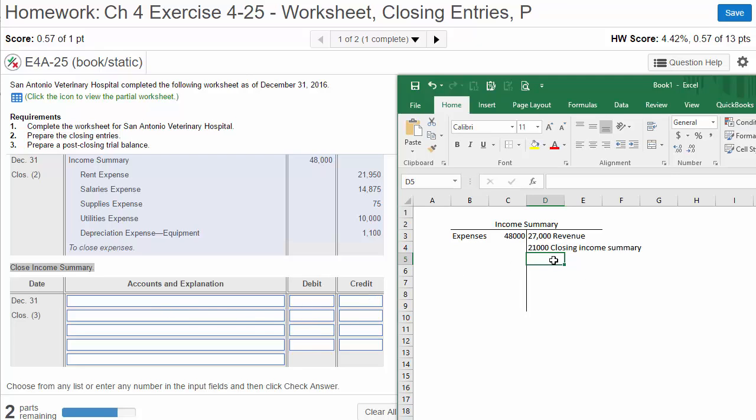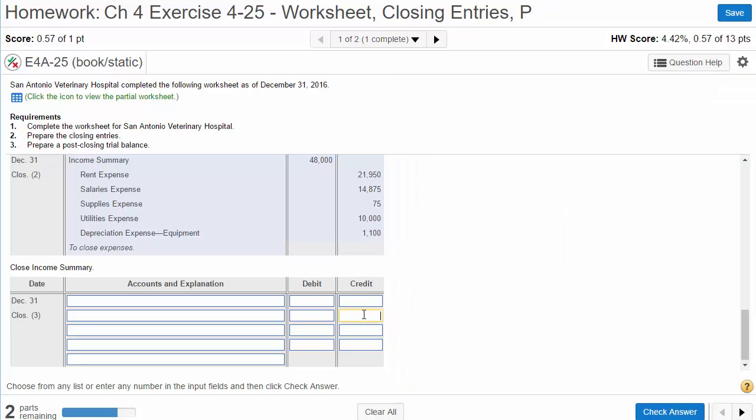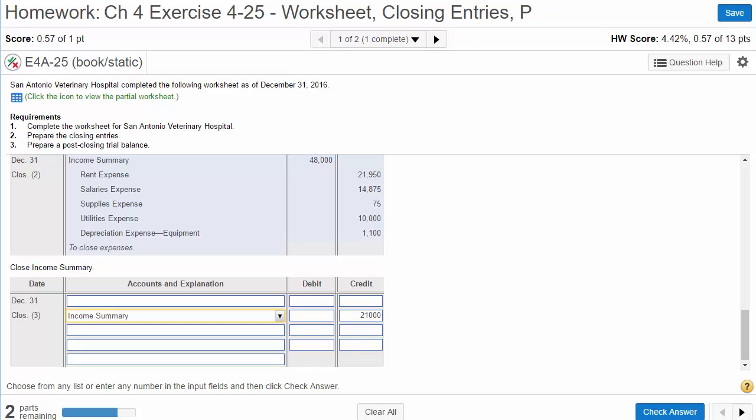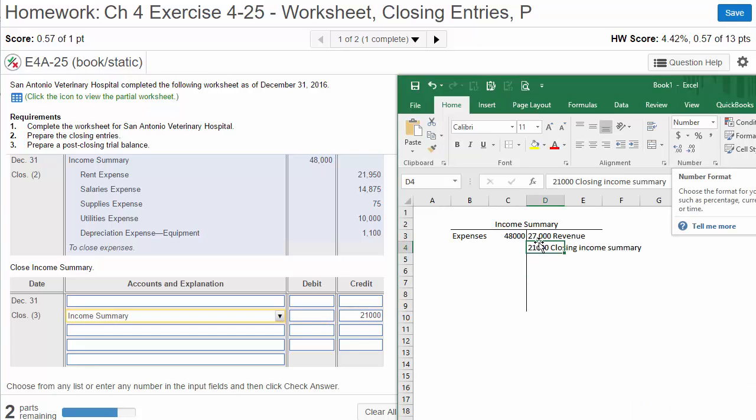So now when we come down here, notice the way I closed income summary was with a credit. So I need to credit income summary. Okay, and that matches with my T account or my scratch paper.